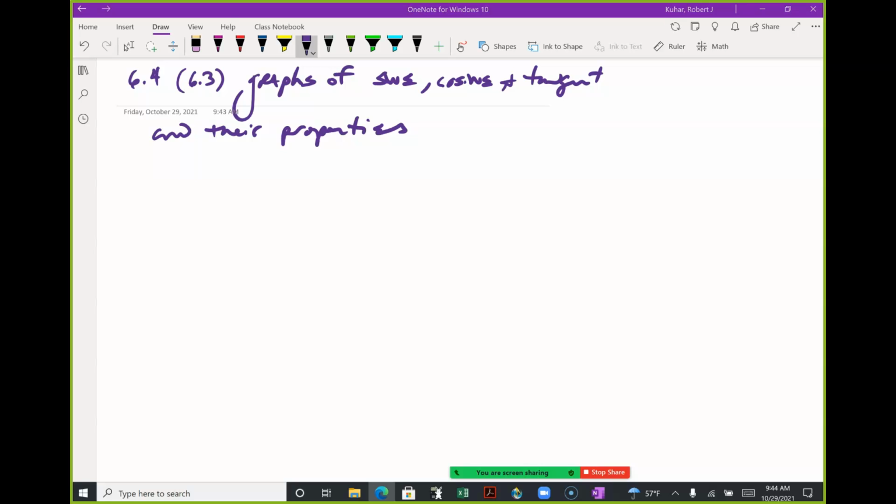I'm not quite as prepared as I'd like to be today. I'm sorry about that. But I have to go grab a Sketchpad file that I wrote, I don't know how many years ago. It would be nice if you all could create one of these using GeoGebra or Desmos.